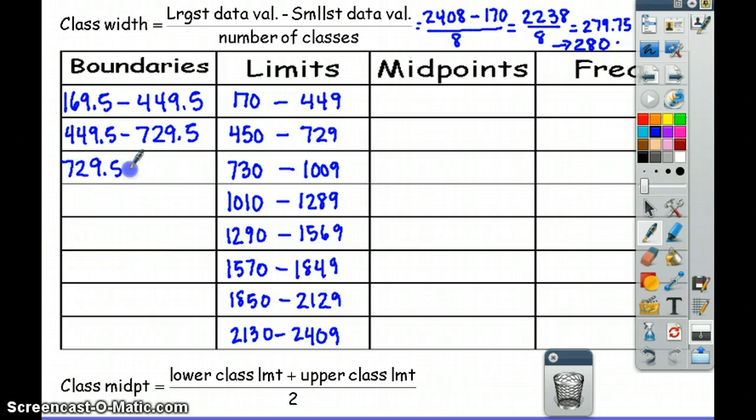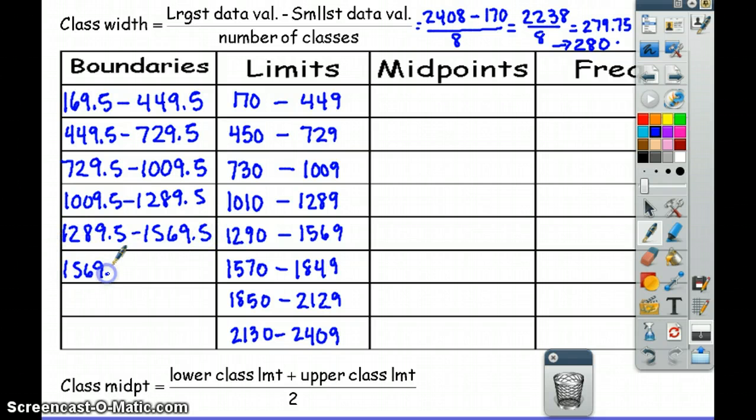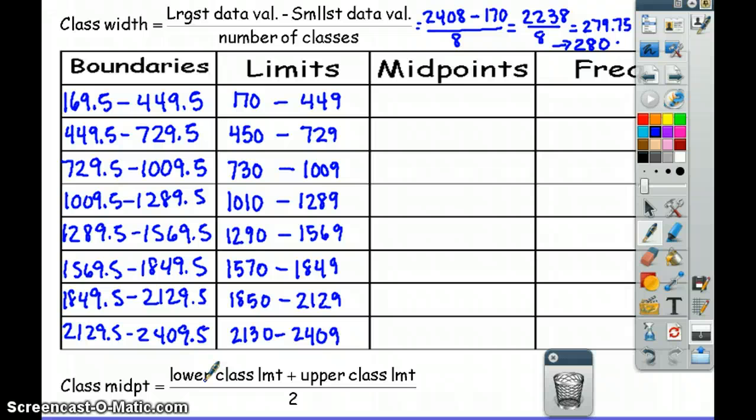And I'm just going to continue this pattern until I fill in all my boundaries. Now you can see there's not going to be a space between the bars of my histogram.